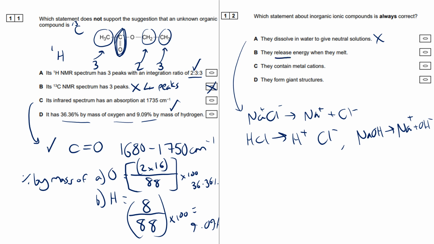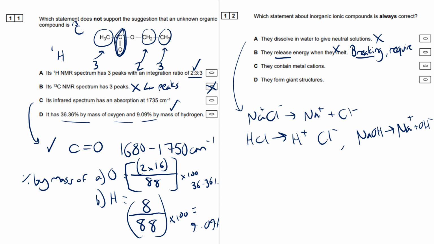Do they release energy when they melt? Well, when you melt something, you're breaking ionic bonds, breaking the strong electrostatic attractions. If you're breaking bonds, that's going to require energy, not release energy. So that's an incorrect statement. Do ionic compounds always contain metal cations?